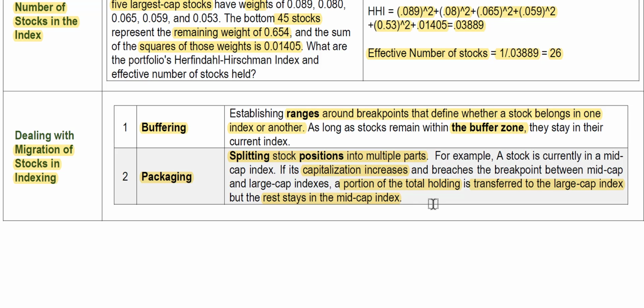So a fraction of the stock position moves to the next category, and the remainder stays in the old category. This is the second method.